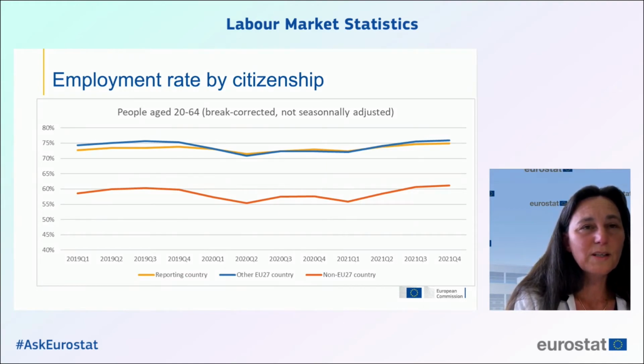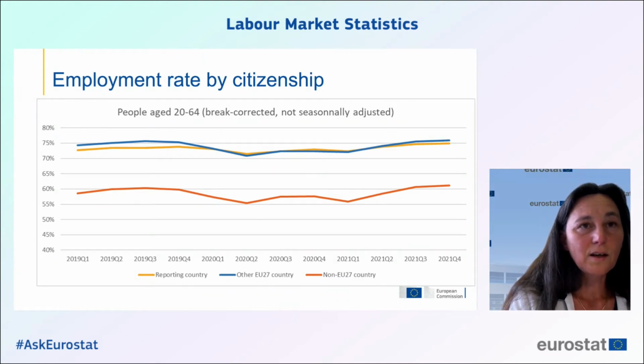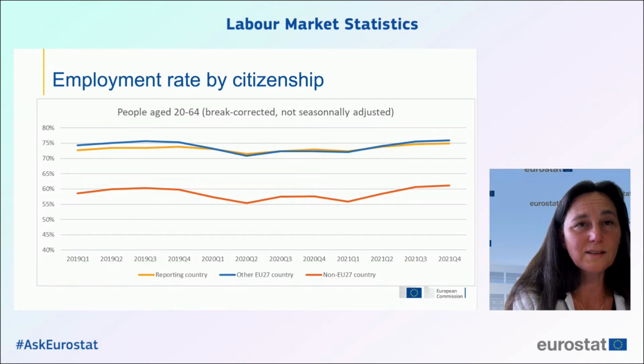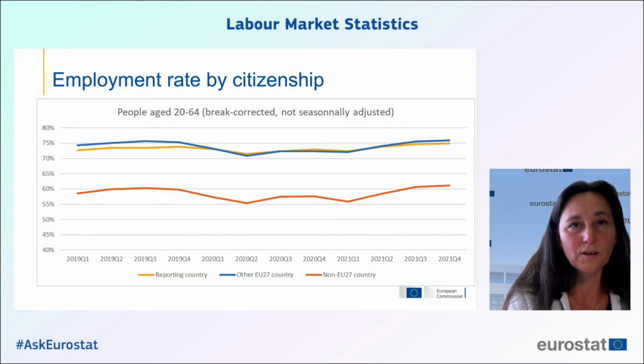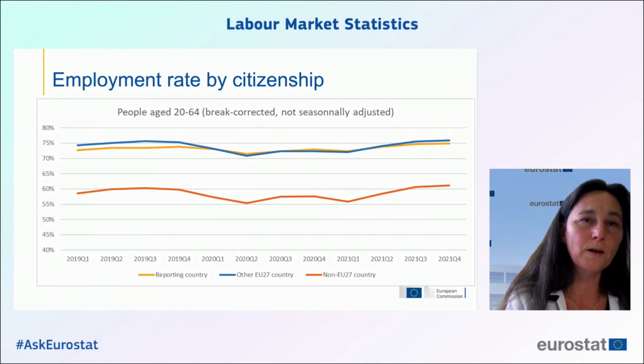Then the second group is when the person has the citizenship of another EU 27 member state, and the third group, in red, is when the person has the citizenship of a country outside the EU. And what we can clearly see with these 3 lines is that people having a citizenship from outside the EU have an employment rate quite lower than the 2 other groups.